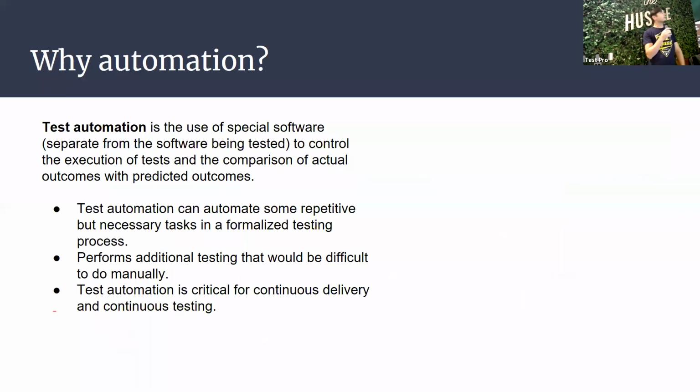So why automation and what is automation? Automation is really just the use of special software, not the actual application, to control the execution of tests and comparison of actual versus expected, predicted outcomes, if we're talking about functional testing, let's say.